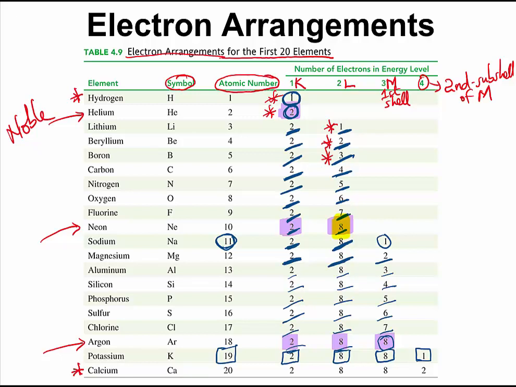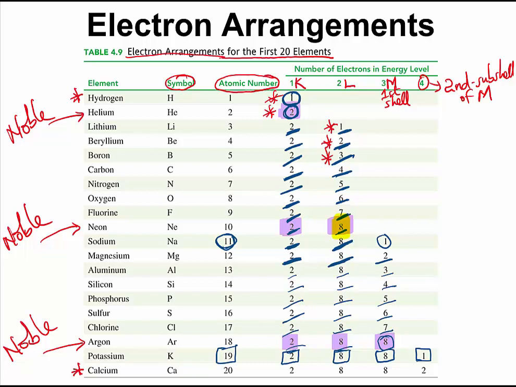So, helium is a noble gas. Neon is a noble gas. Argon is a noble gas, which means that they are very stable. They do not really want to react with anything. And remember, all the other elements would want to be as stable as they are.